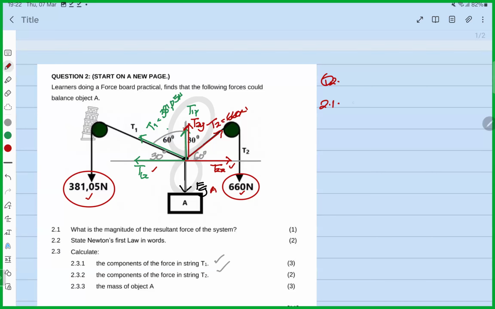The resultant force is going to be 0 newtons. I'm not going to state Newton's first law. You should all be able to state that. Remember, one of the important facts that emanate from Newton's first law is that if the net force on an object is 0, the object can remain at rest. And here we have a scenario where the object is in fact at rest.